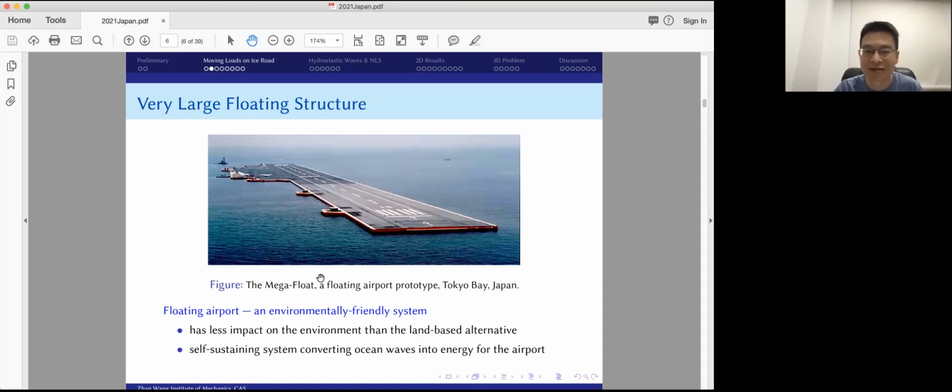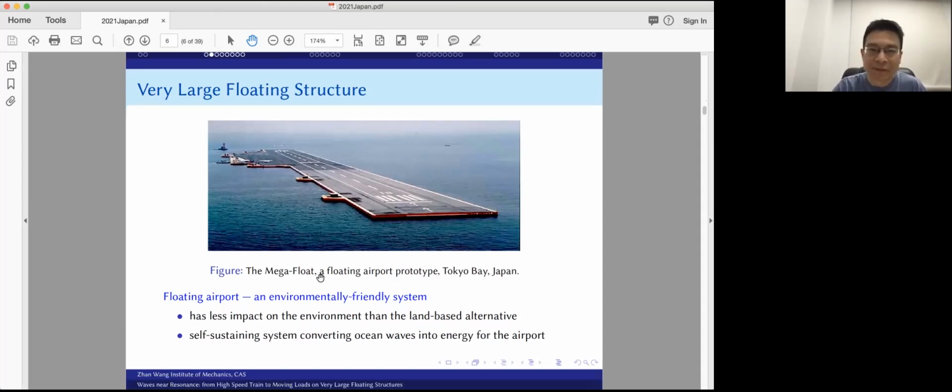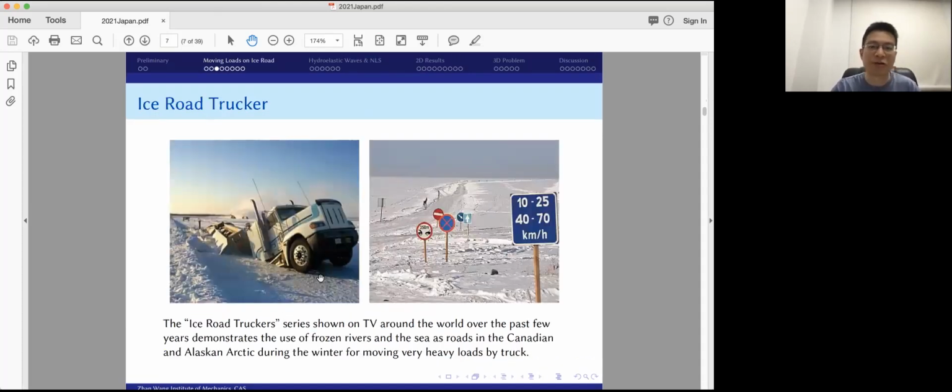It is also a self-sustaining system because it can convert ocean waves into electricity for the airport's energy supply. These are all man-made floating structures. And if you Google the keywords ice road truckers, you will find a TV show.